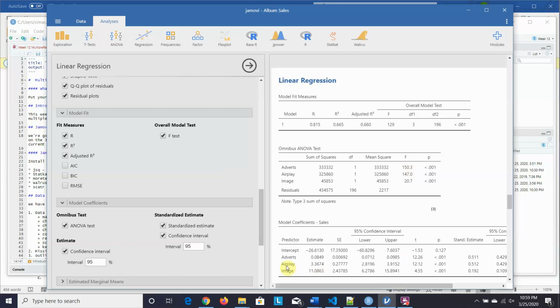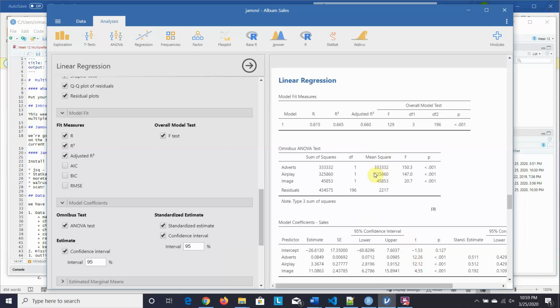Same thing with airplay. If you square the t value of 12.12, it will equal our F value of 147. They're pretty much telling us the same thing. If you notice, the p-values on all three of those are exactly the same. Same thing on image. If you square the t value of 4.55, you get our F value of 20.7.